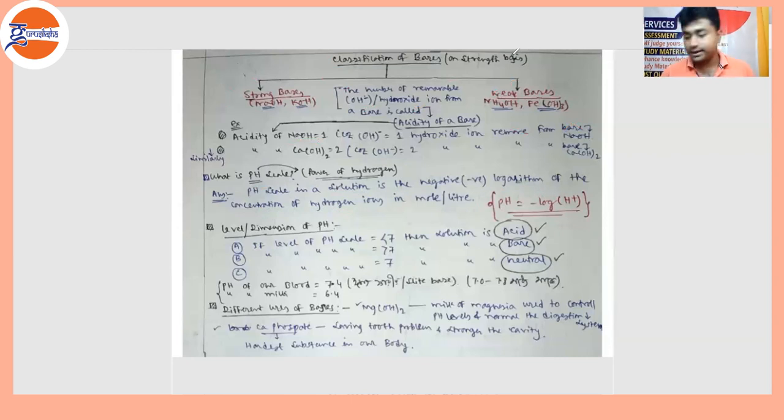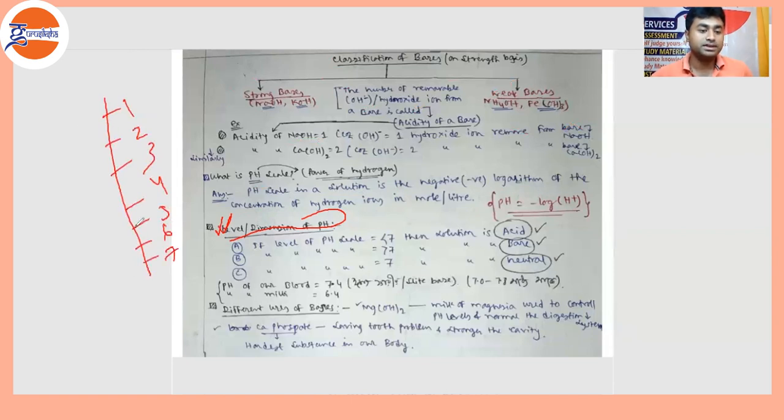Definitely I will explain what the levels or values of pH are in chemistry. The level or dimension of pH is in such a way: as it is a scale, there are numbers like 1, 2, 3, 4, 5, 6, 7.